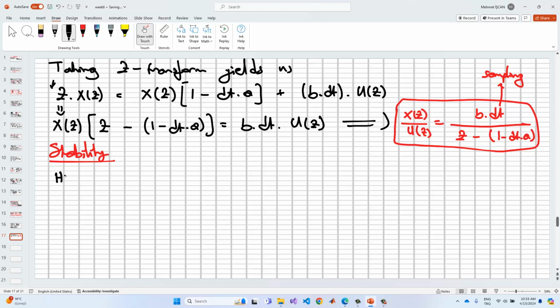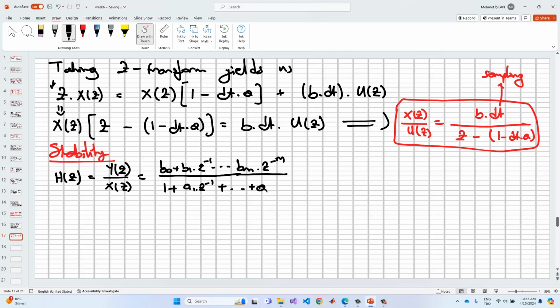Okay, and so if we have H(z), just like this one, Y(z) over X(z), which is equal to (b0 plus b1 z^-1 plus ... plus bm z^-m) over (1 plus a1 z^-1 plus ... plus an z^-n).